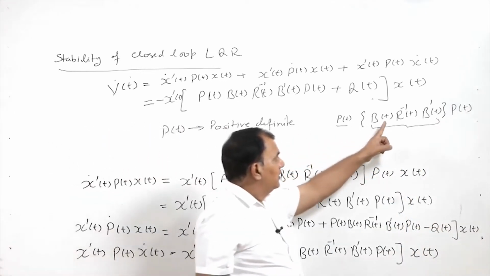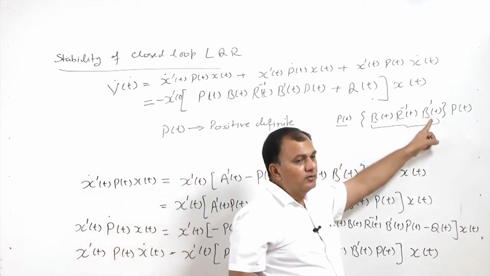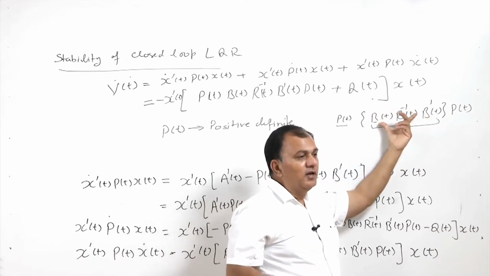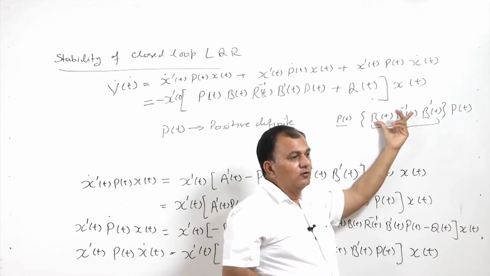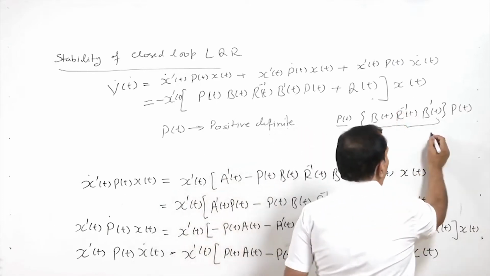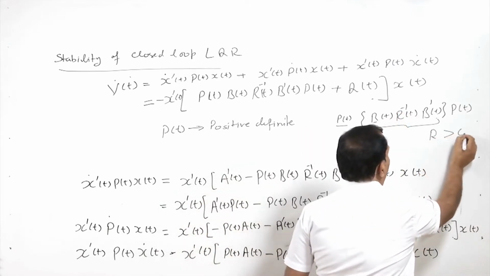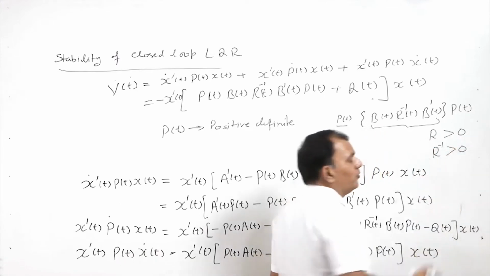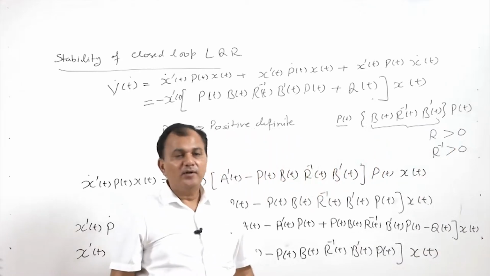This is B transpose, sorry, B transpose. So, they will give me the square terms, so they cannot be negative. If R is positive definite, R inverse will also be positive definite.